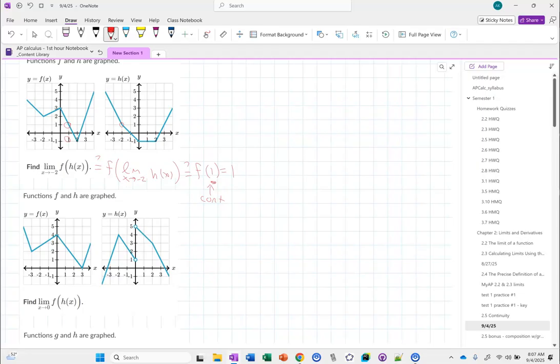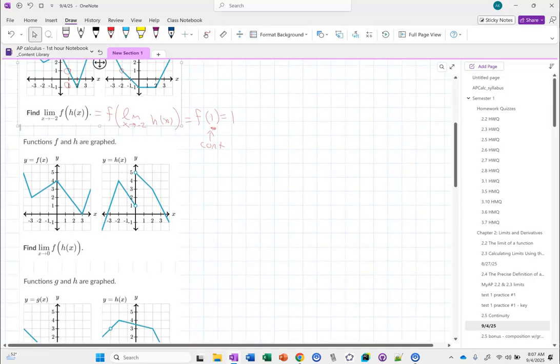As long as I have that, you can plug in, it's a no-brainer. So these equal signs I put a question mark over, it's okay. And the way I'm confirming that is that I have f continuous at that inside piece. Is everybody okay there?